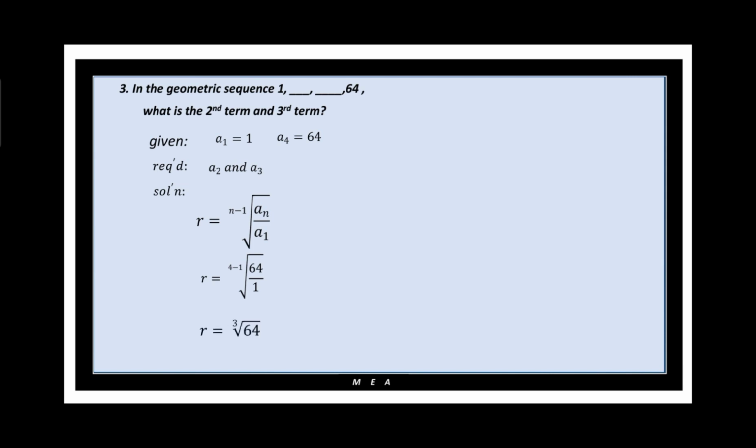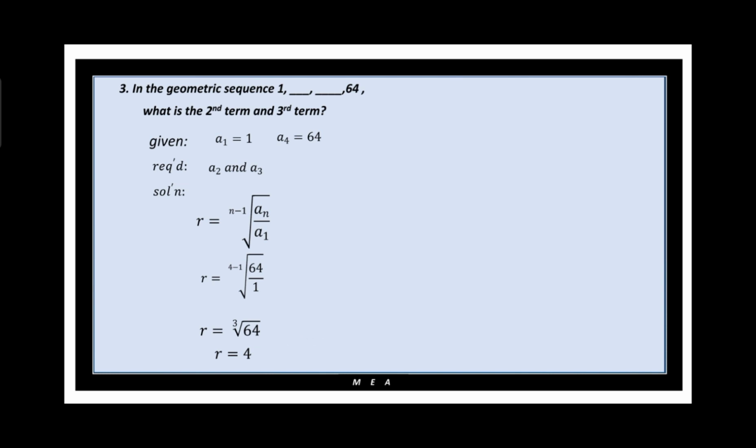So, ang masisimplify na natin na yung R is equal to the cube root of 64. And the cube root of 64 is equal to 4. Why? Because 4 cube is equal to 64. So, R now is equal to 4. So, ang common ratio natin ay 4.